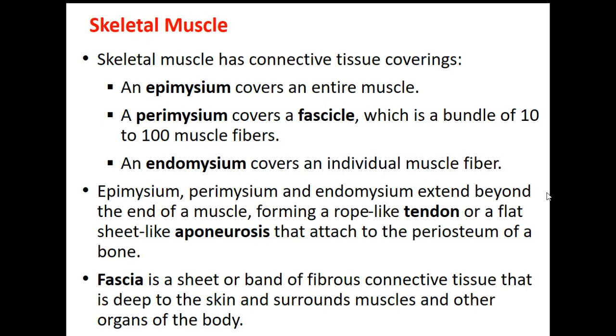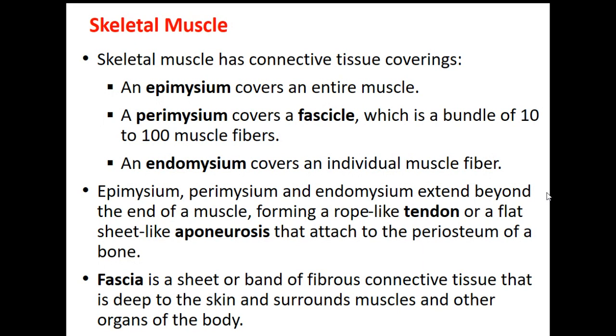This word aponeurosis is just a big flat tendon. Most tendons are like ropes, but an aponeurosis is a big flat tendon. So think of this pectoral muscle here.